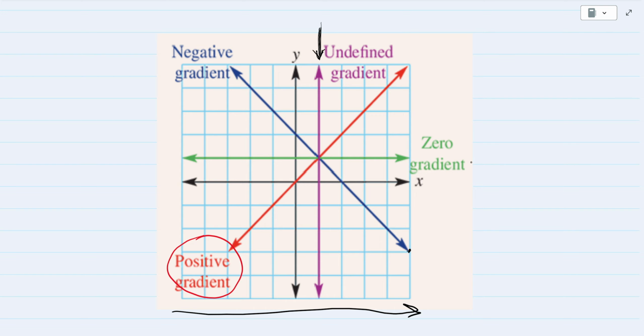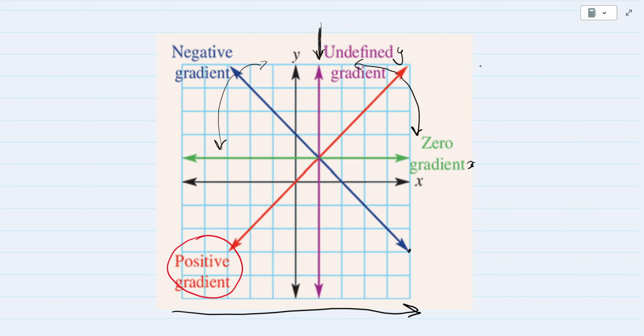So zero gradient, the x-axis runs parallel to that. Undefined gradient, the y-axis. Our negative and positive can change, so they can rotate in both directions. They can become steeper or they can become flatter, to the point where they're almost undefined or almost zero. So you can have any type of fraction.